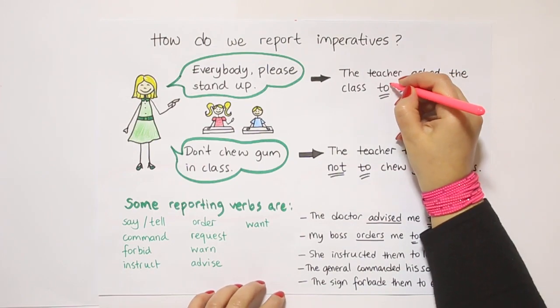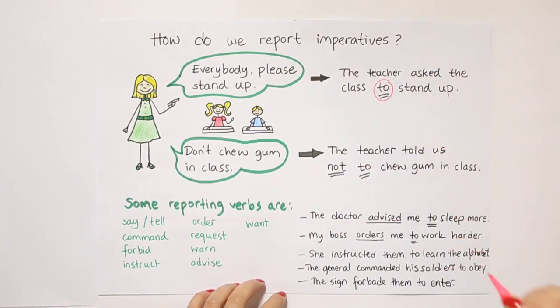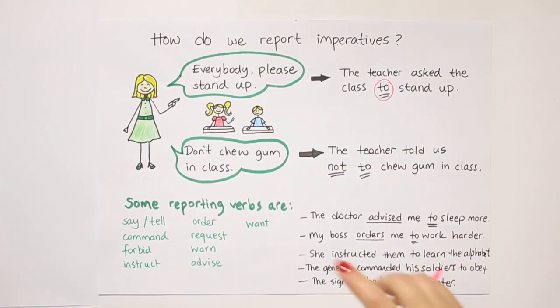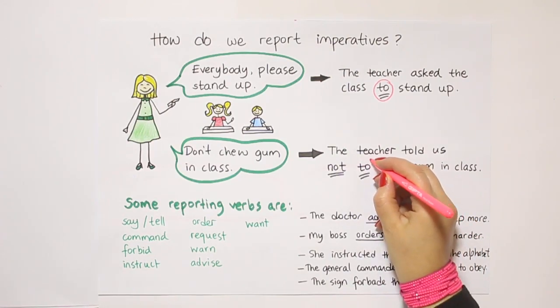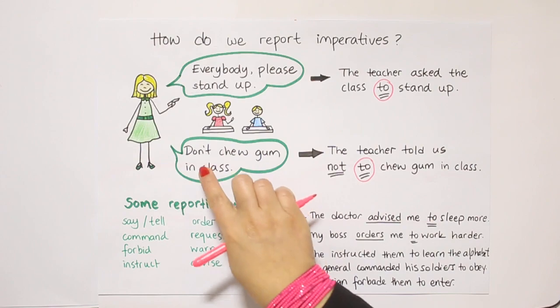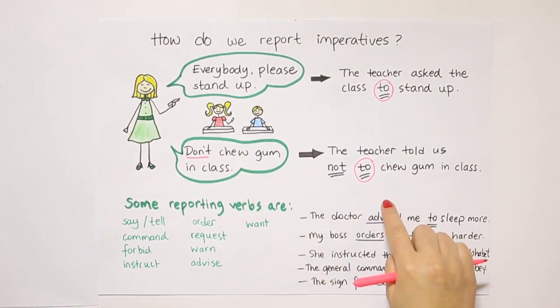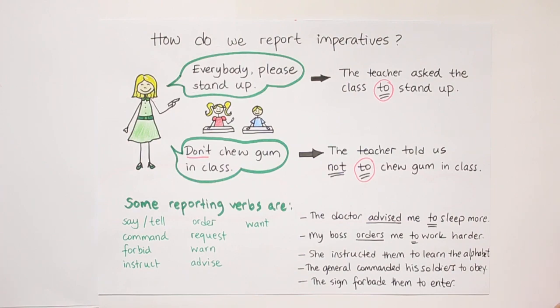So when we are reporting a positive imperative, we use to. Don't chew gum in class. That's a negative one, right? So again, be careful. To is the same, but instead of don't, we use not. Alright? So we say, the teacher told us not to chew gum in class.